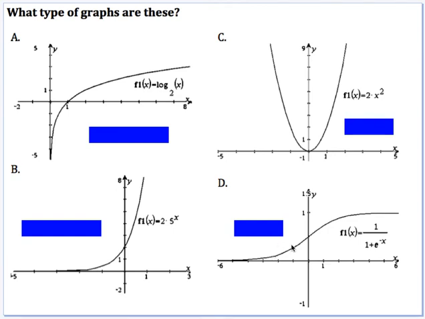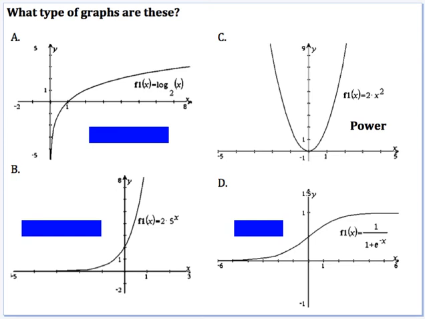Let's go through them in the order that we've studied them. The first ones we looked at were power functions. With power functions, your x is the base number, and it is raised to some power. Remember, power functions can be any type of power.